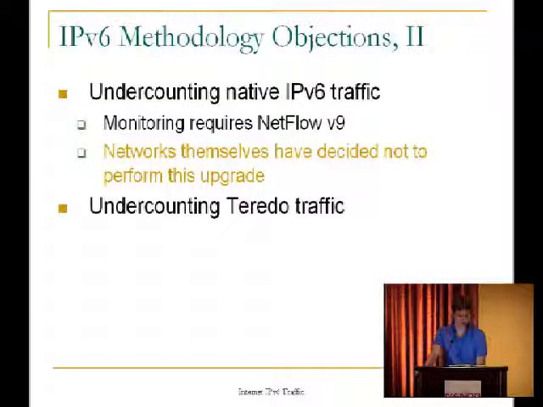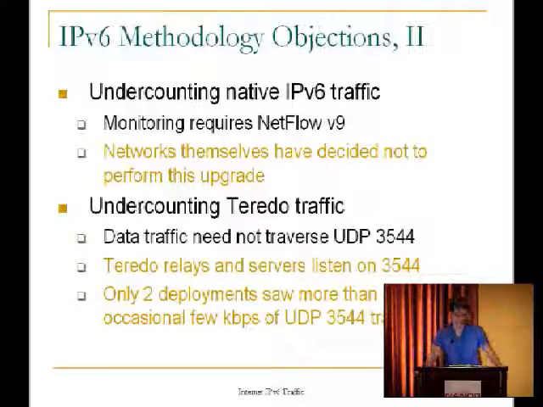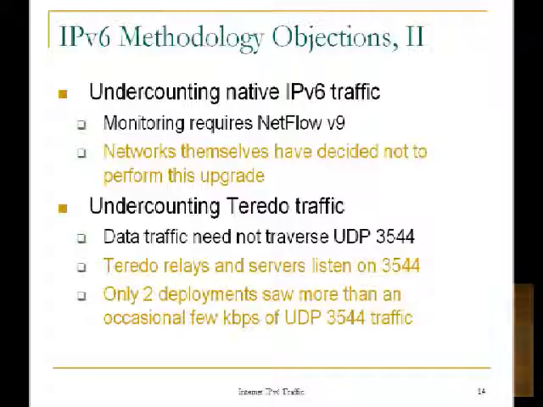It's also possible that we're undercounting Teredo traffic, because my understanding of the protocol is that the relays and servers listen on port 3544, but subsequent data traffic need not. We looked into this a little further. Scott looked into it and found that only 2 of our 100 deployments saw more than an occasional few kilobits per second of traffic on this port.